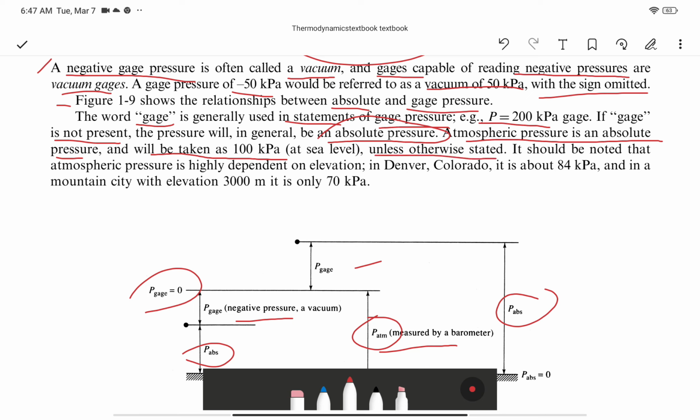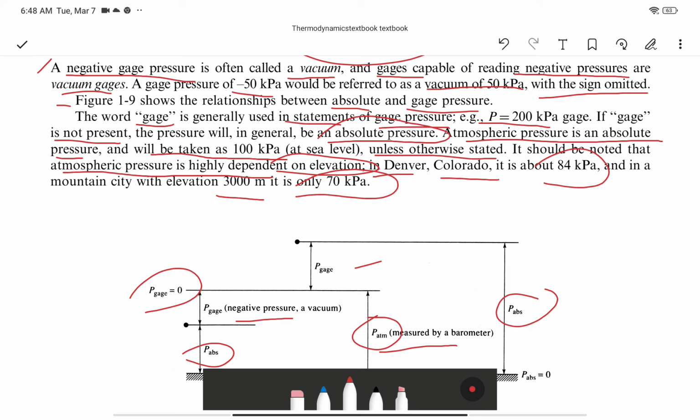It should be noted that atmospheric pressure is highly dependent on elevation. For example, in Denver, Colorado, United States of America, it is about 80 kilopascal. And in a mountain city where the elevation is 300 meters, it is 70 kilopascal.